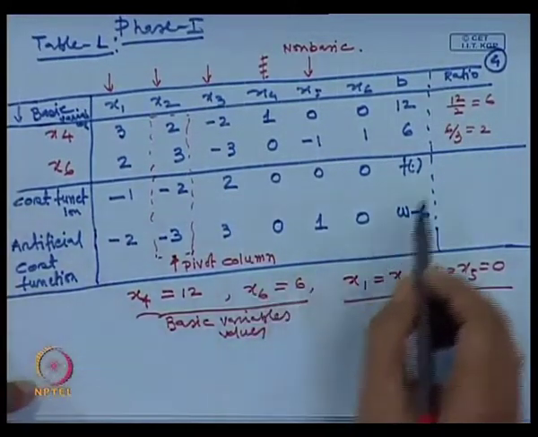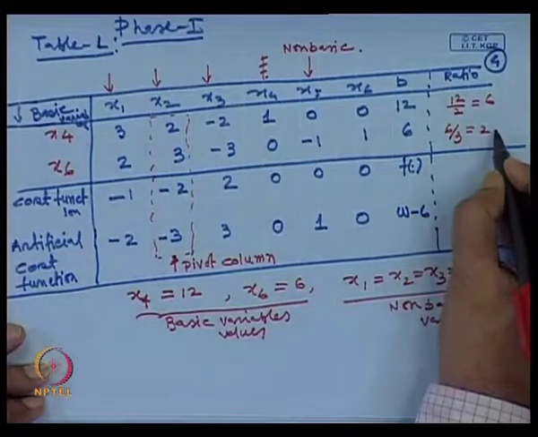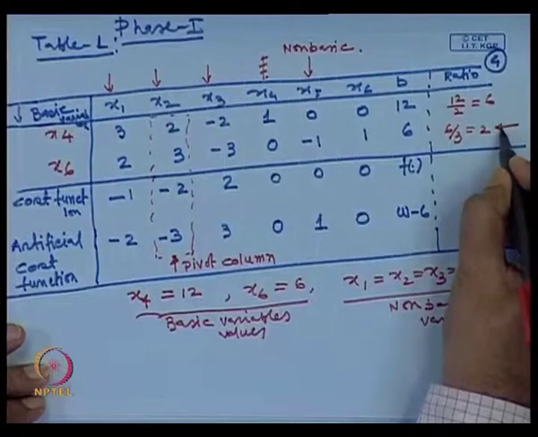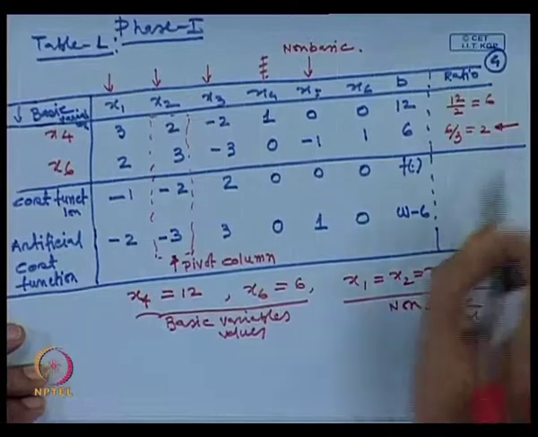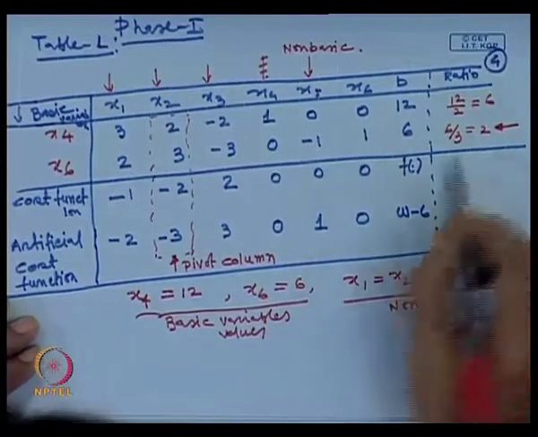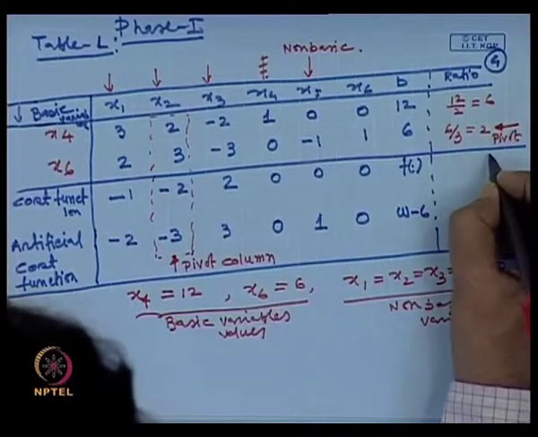Agree. Which one is your minimum ratio? This one, agree, this one is your minimum ratio. So, then this is the pivot row.